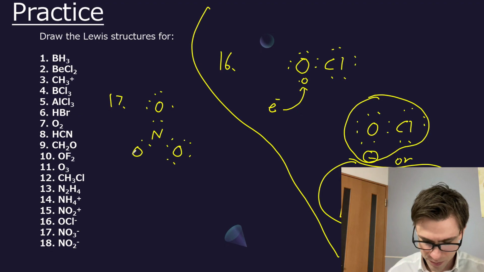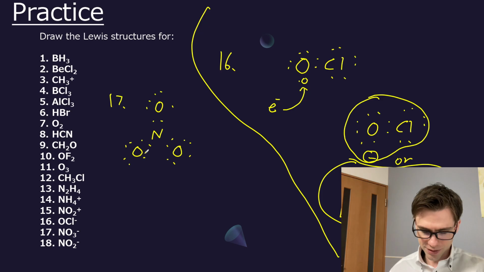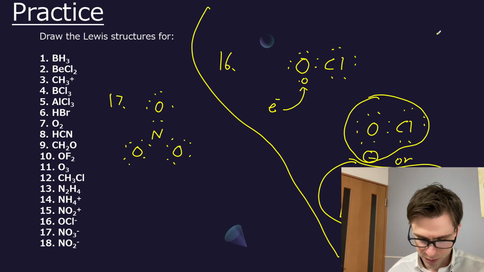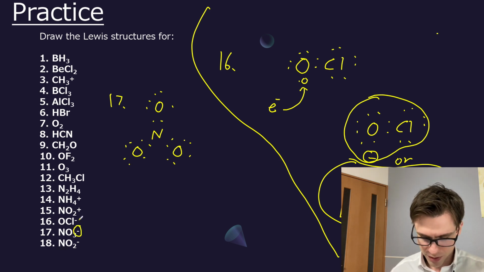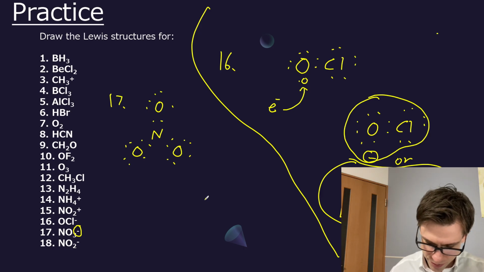Okay, there has to be at least 1 single bond between N and all of these oxygens, so do that. But each oxygen only has 7 valence electrons, right? So something needs to be fixed here. First thing to realize is this is NO3-, right? So we can add an extra electron somewhere. I'm just going to add it right here into an empty space.